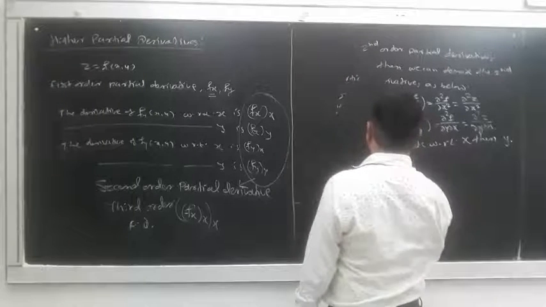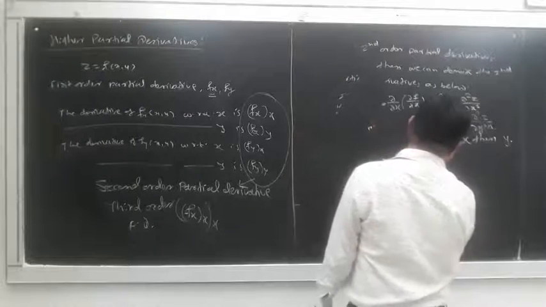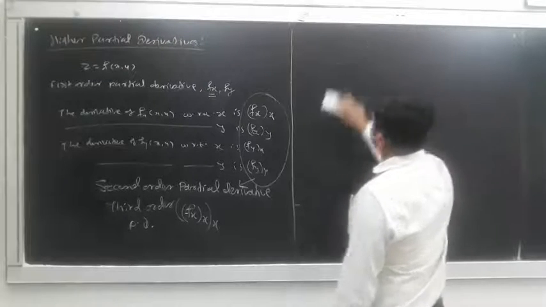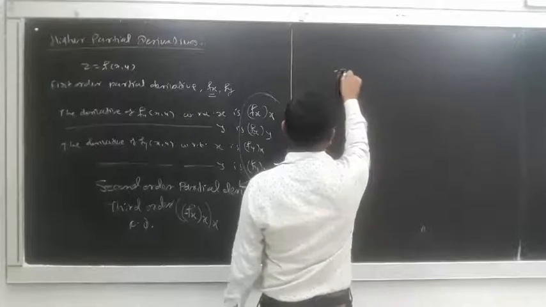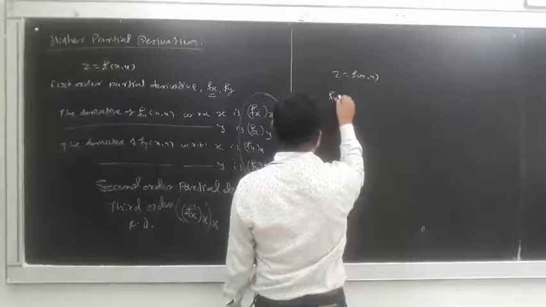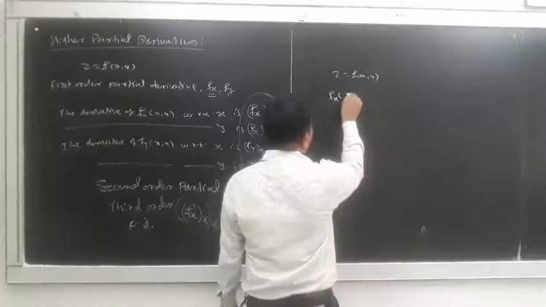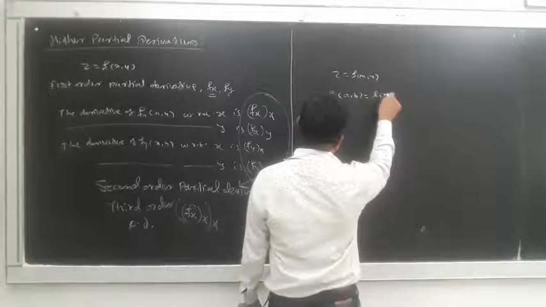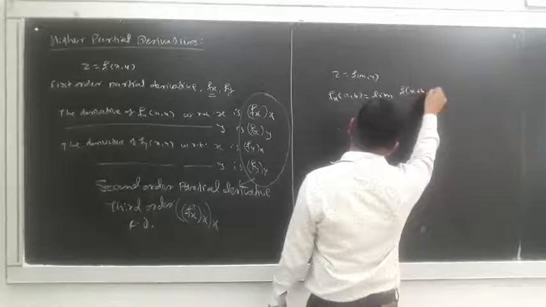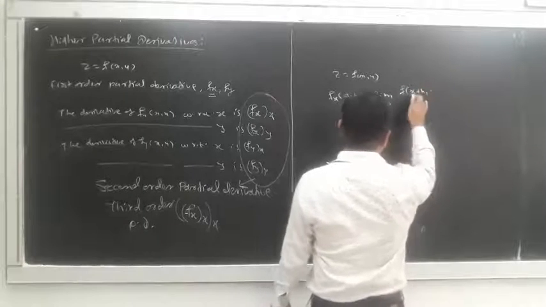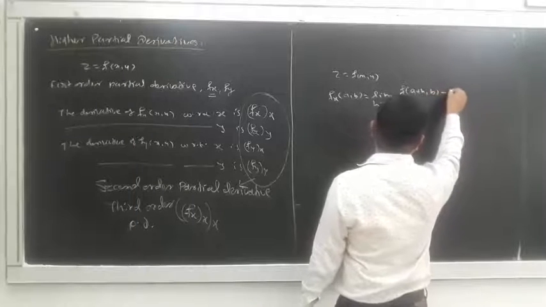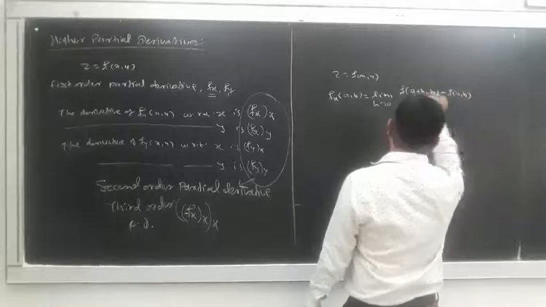Now we also discussed the definition of first order partial derivatives. How do we define it? If z is equal to f of x, y, then the derivative of f with respect to x at point (a, b) is the limit as h tends to 0 of f of a plus h, b minus f of a, b, upon h.